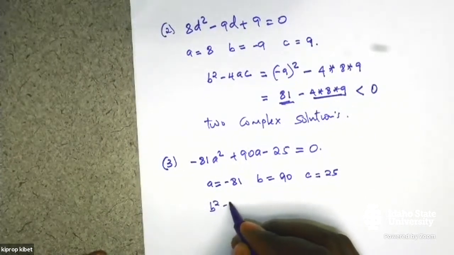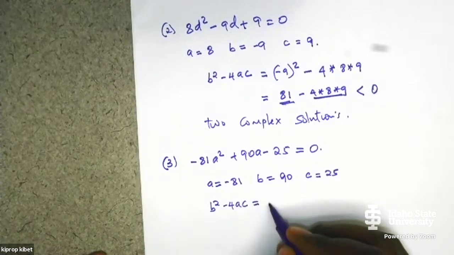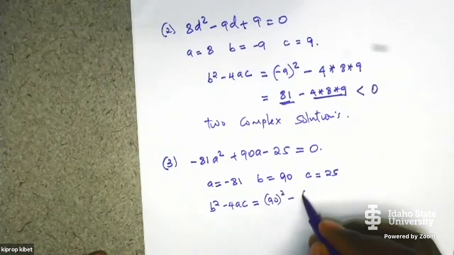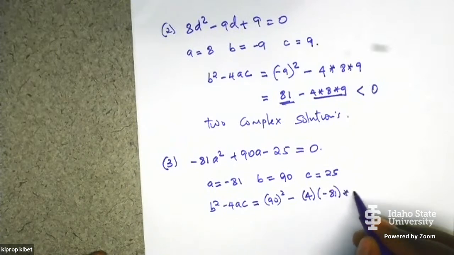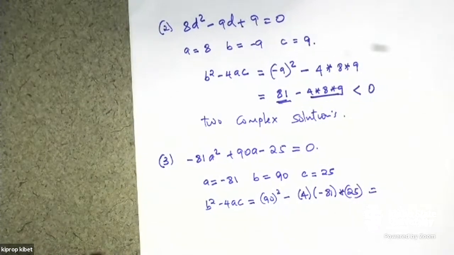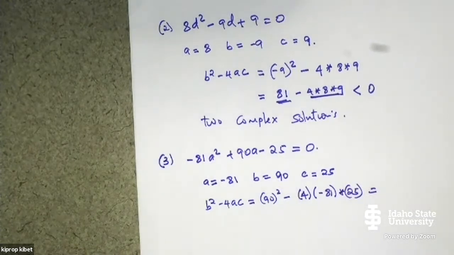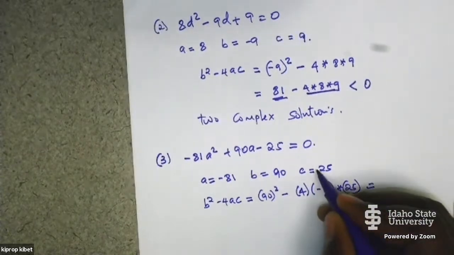So b squared minus 4ac is the same as 90 squared minus 4 multiplied by -81 multiplied by -25.